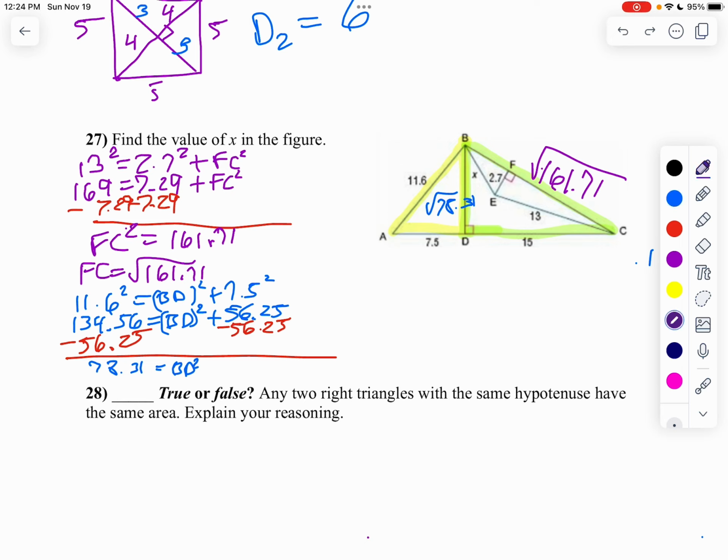So my hypotenuse is going to be BC squared equals 15 squared plus the square root of 78.31 squared.